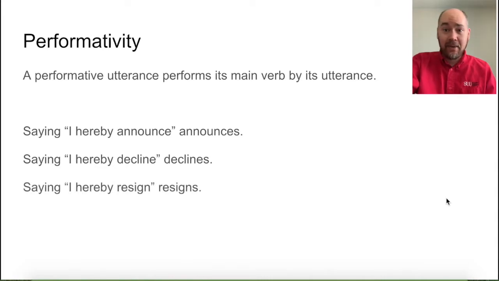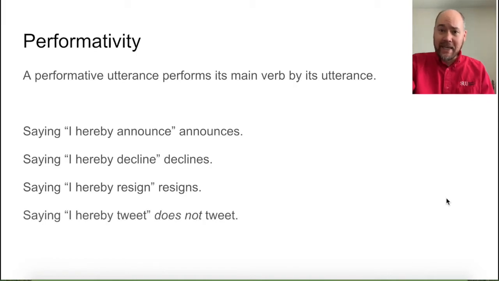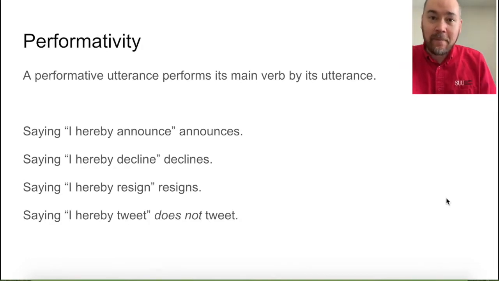If you say I hereby resign, you have resigned, right? If you say I hereby tweet, on the other hand, you have not tweeted. This does not work with every verb. It only works with some verbs, and which verbs it works with depends on the language and the culture that you're in. Okay? So, that's performativity. When you use the verb in a sentence under certain conditions, you accomplish the verb, right?